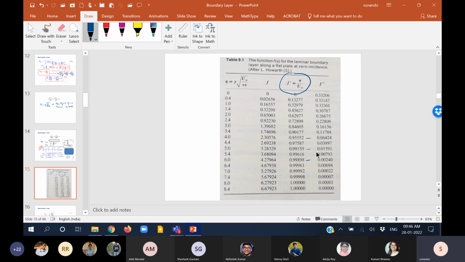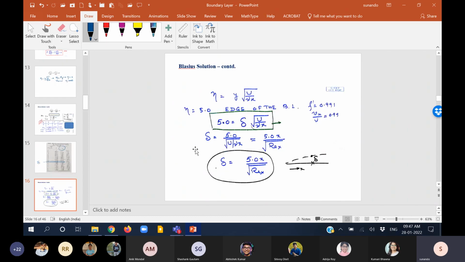In order to make it compact and simple, we can choose this row to define what is delta. Is that clear? So at eta equals 5, the value of f prime, that means u by u infinity, is going to be equal to 0.99. So this can be used to define what is delta.